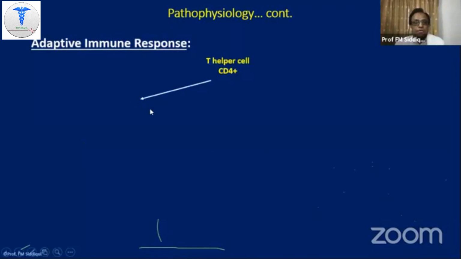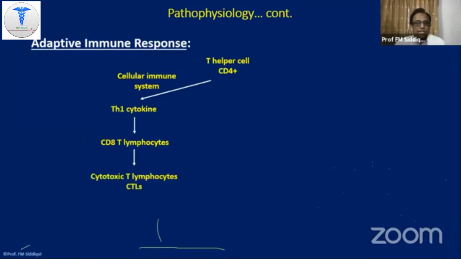One of the important cytokines is the T helper 1 cytokine. This cytokine acts on naive CD8 T lymphocytes, and by the stimulation of T helper 1 cytokines, these naive T lymphocytes start proliferation and maturation immediately. Once they have proliferated and matured in several thousands, they become cytotoxic T lymphocytes.